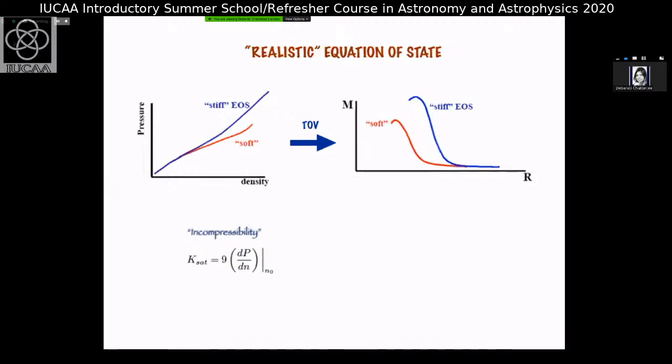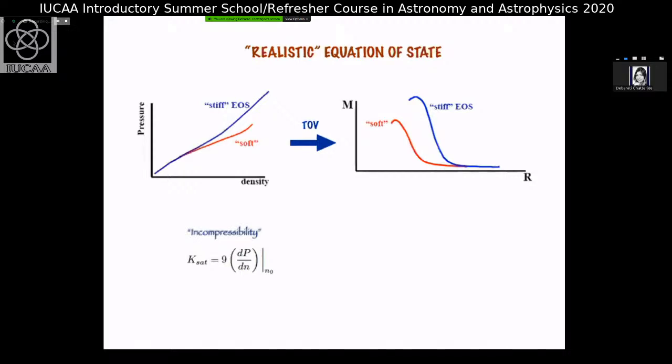A lower slope is called a soft equation of state, and a higher slope is a stiff equation of state. This is denoted by a quantity called incompressibility. Incompressibility, or the compression modulus, is basically the slope of this curve and is related to the derivative of the pressure with respect to density.